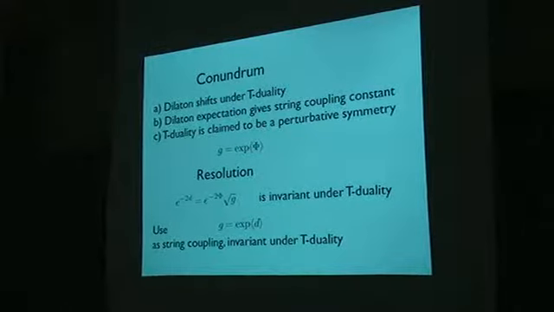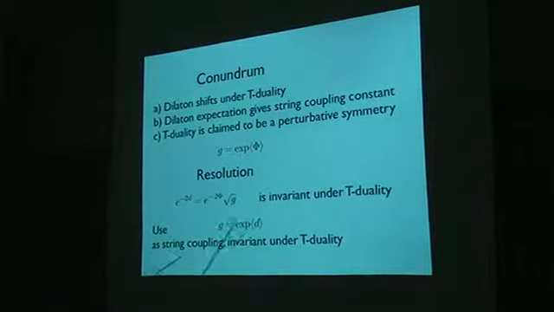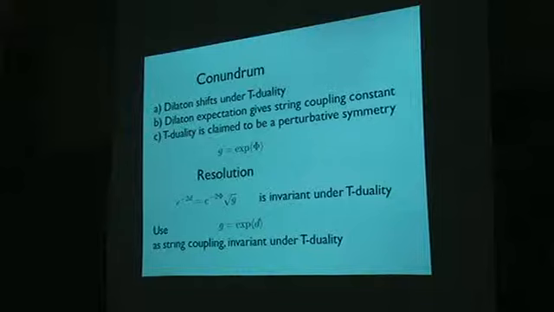But nonetheless, because this is invariant under T-duality, you could imagine using this as a string coupling constant. It's clearly related to, proportional to, the previous one, but it's invariant under T-duality. And in fact, a careful examination of what happens, for example, in string field theory, shows that it's precisely this which arises as the string coupling constant.